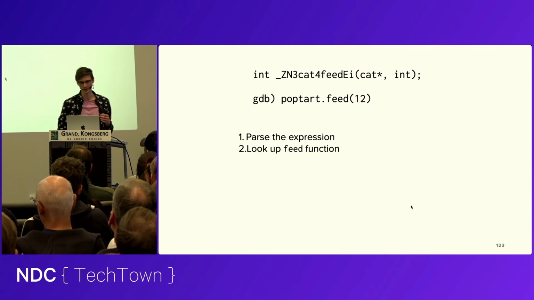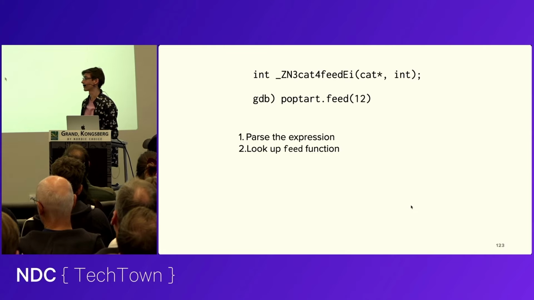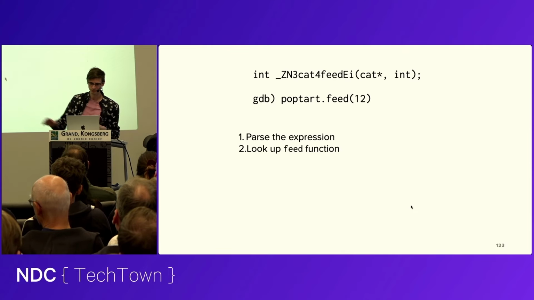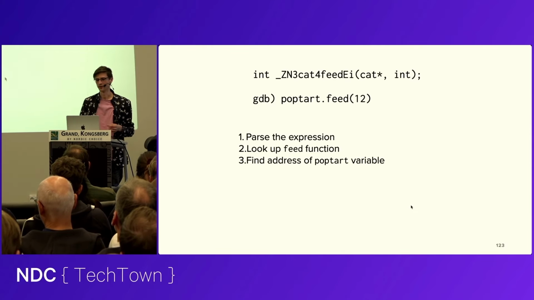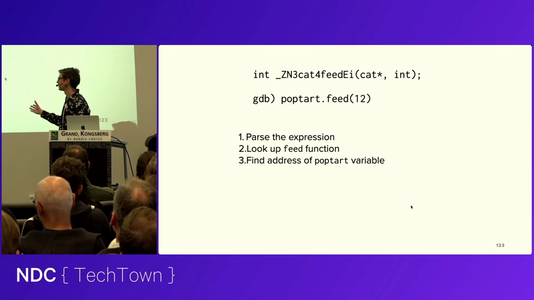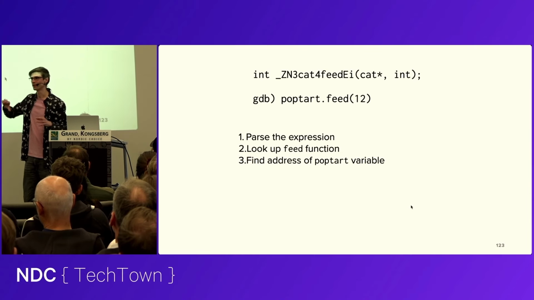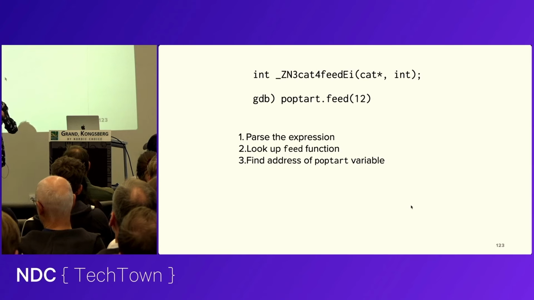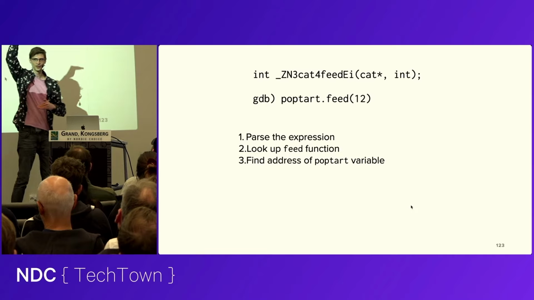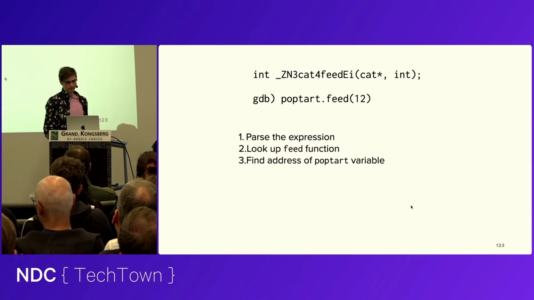And then we're going to look up the feed function, work out where it is in memory, and find the address of the pop-tart variable. And you can see this is all using stuff we've talked about before, so the debugger is constantly implementing things and then using those things to support higher level operations. So this all builds upon itself.